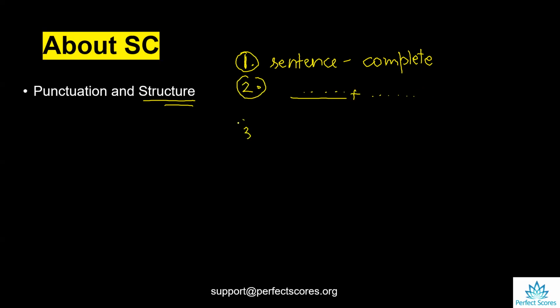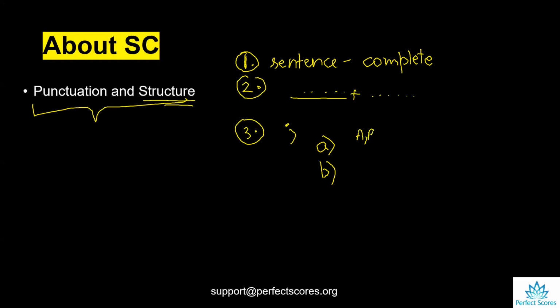The third rule of sentence correction that we're doing today is concerned with both punctuation and structure. There is only one punctuation that you need to be aware of, which is the semicolon. There are basically two cases in which semicolons are used. One is when you have groups of groups.